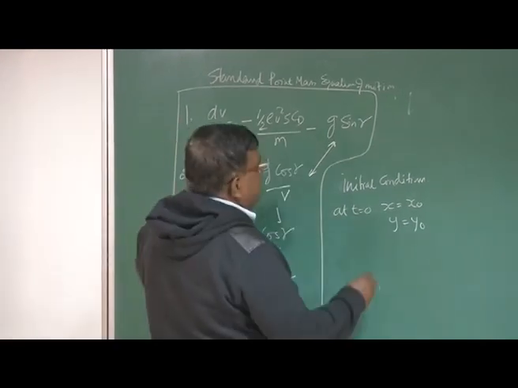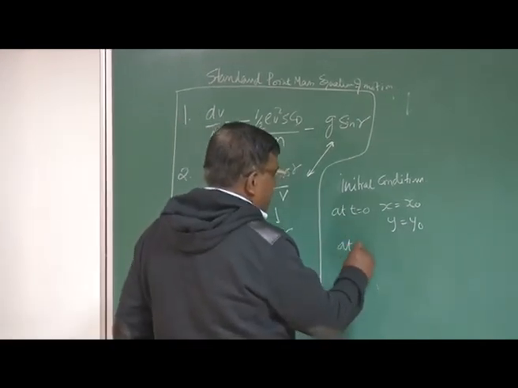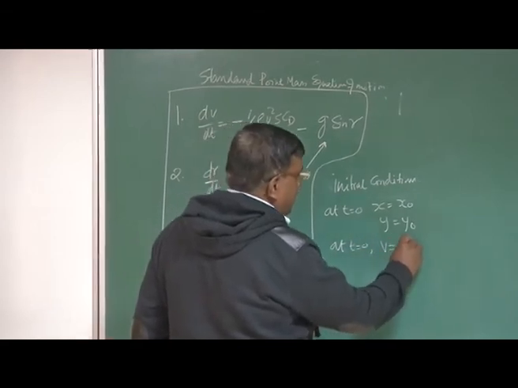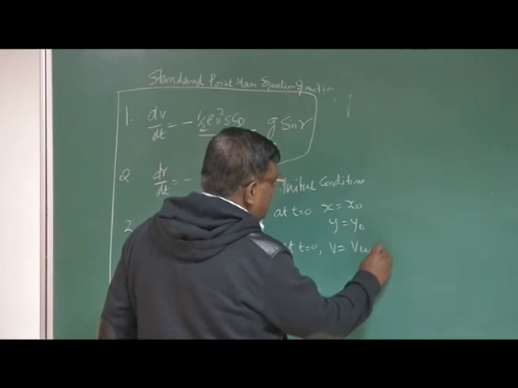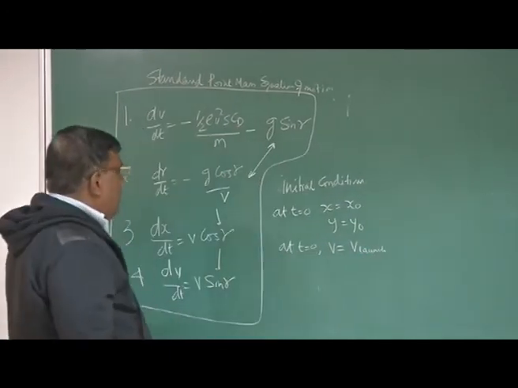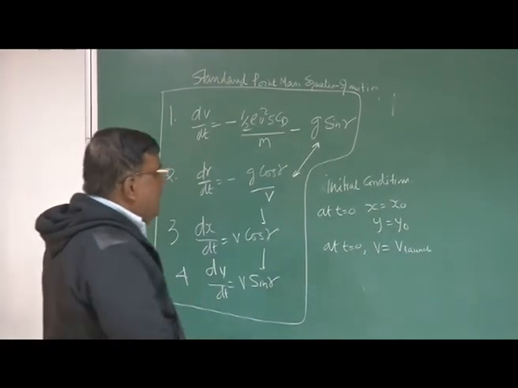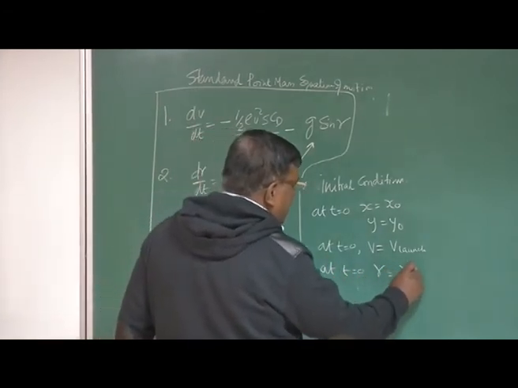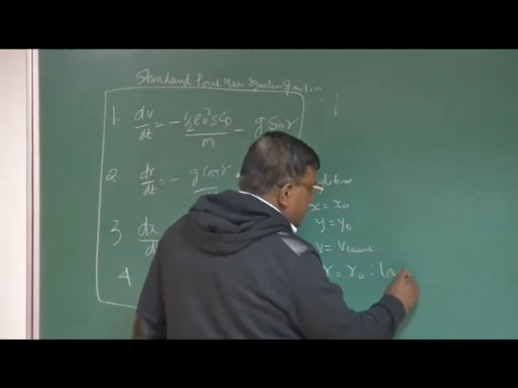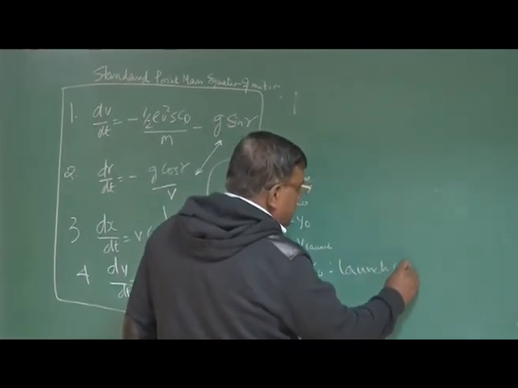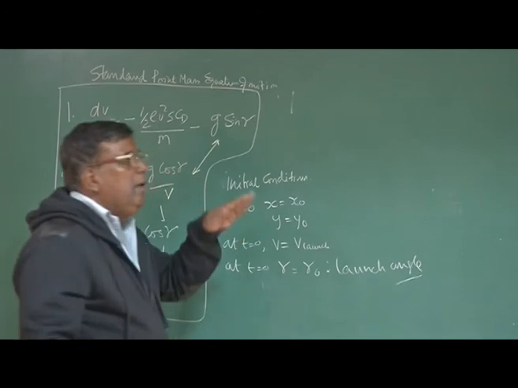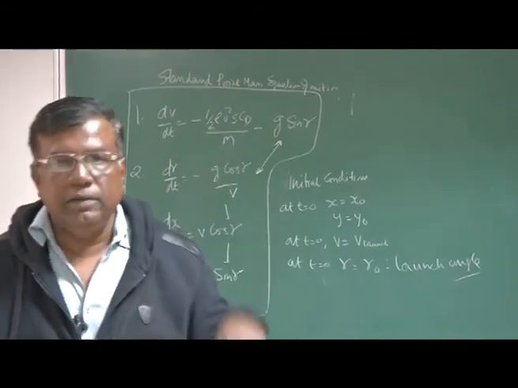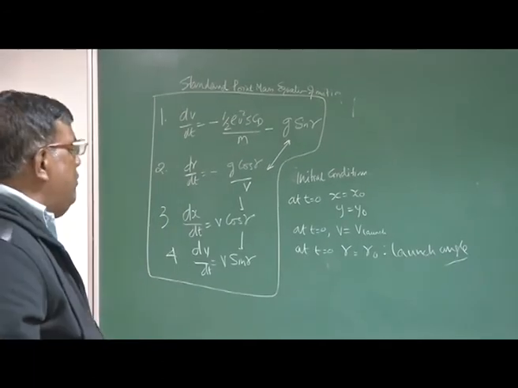Then also, at t equal to 0, what is v? V equal to v naught, or v launch, right? And also you know this gamma at t equal to 0, gamma equal to gamma naught, which is called the launch angle, right? At what angle am I launching? 10 degrees, 20 degrees, 45 degrees, 55 degrees, to get different values of x.